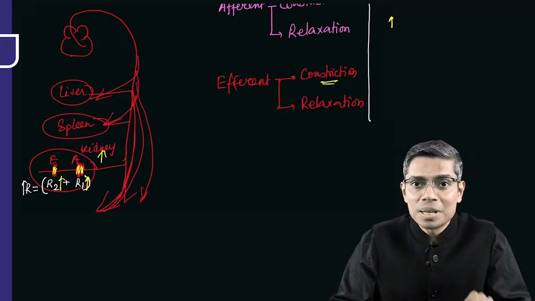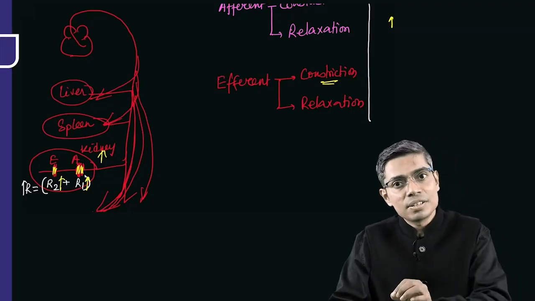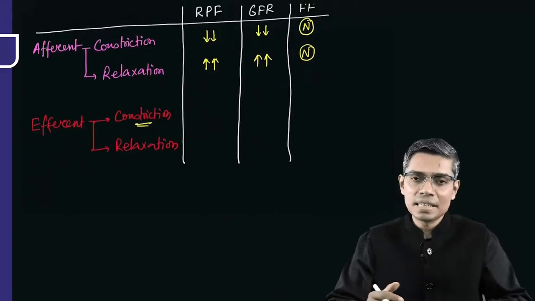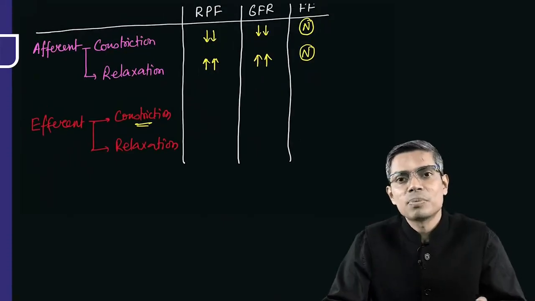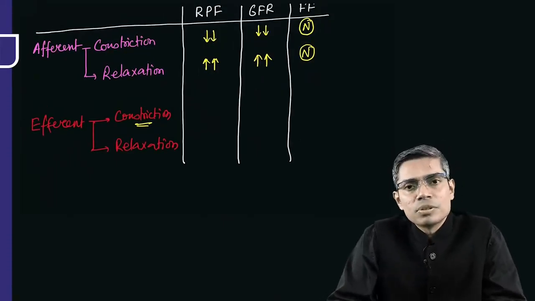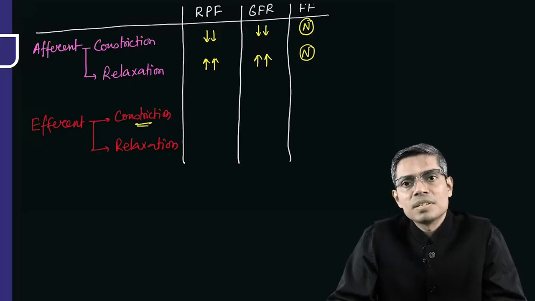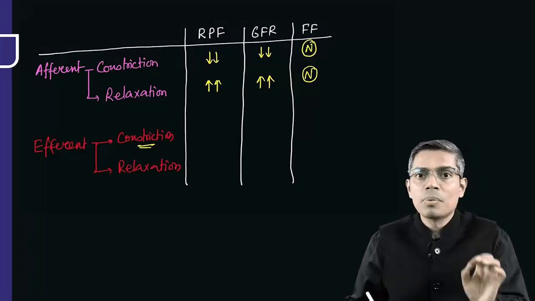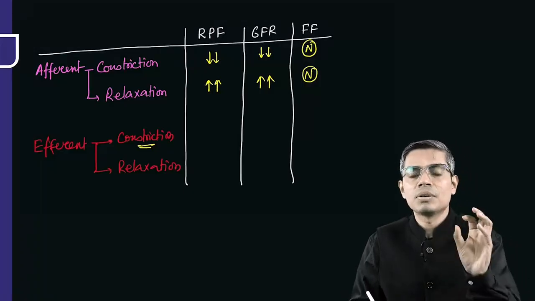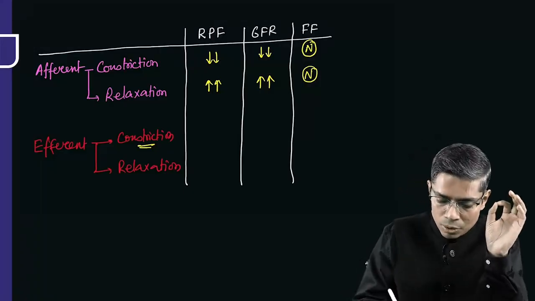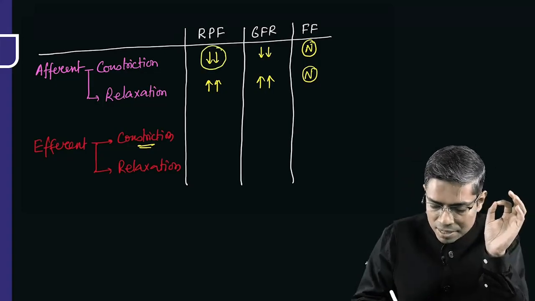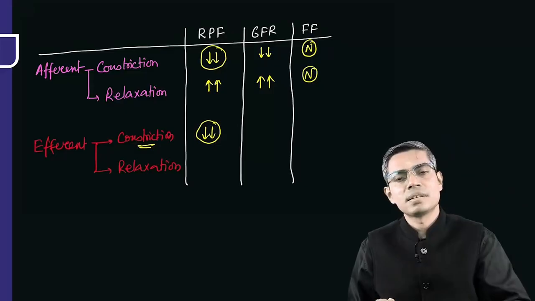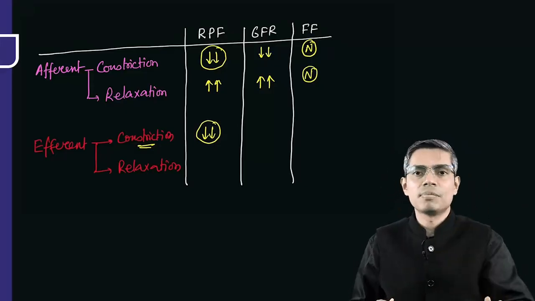That's why whenever you constrict the afferent or efferent arteriole, the total resistance of the kidney is rising. And if the resistance of an organ is high, obviously the blood flow is going to be reduced, because we know Ohm's law, V is equal to IR. So always, whenever you are thinking of renal plasma flow, think of the total resistance of the kidney. Constriction means there will always be a decrease in renal plasma flow. So whether it is afferent or efferent, in both the cases there will be reduction in the renal plasma flow.